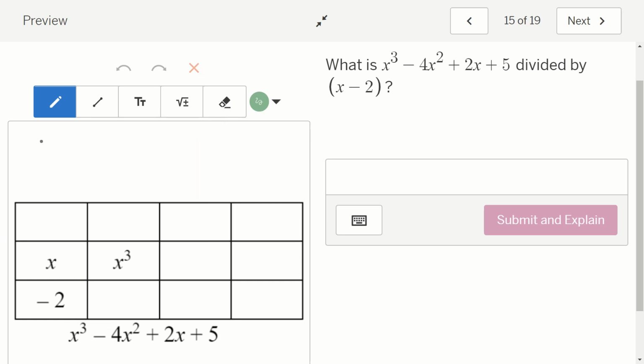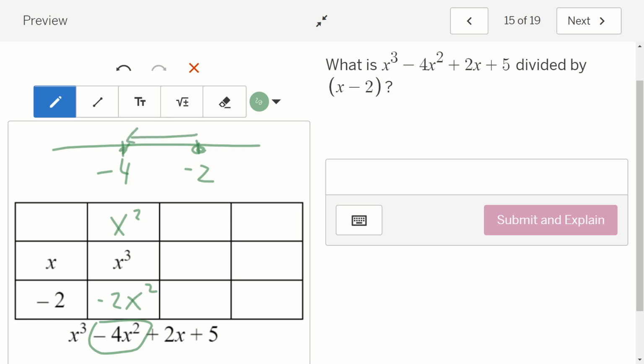All right, so for this first one, x times what gives me x to the third? That is x squared. This will be negative 2x squared. I need negative 4x squared. So on our number line, we need a negative 4, but we're at a negative 2. So we need to get from here down to here. That's going to be negative 2x squared.